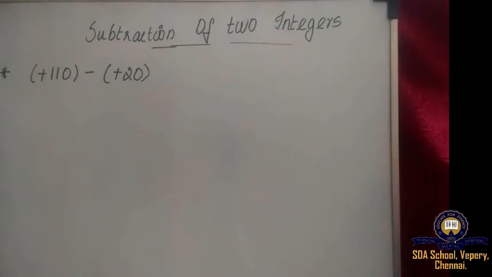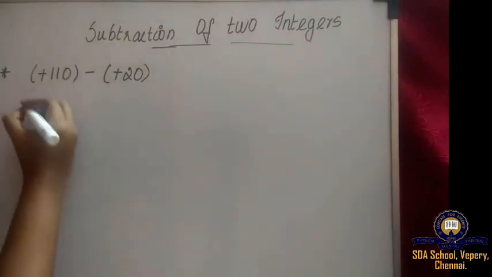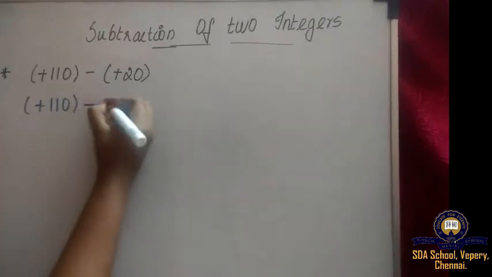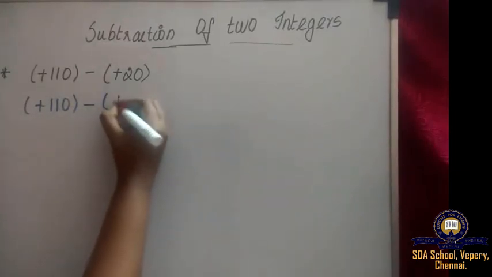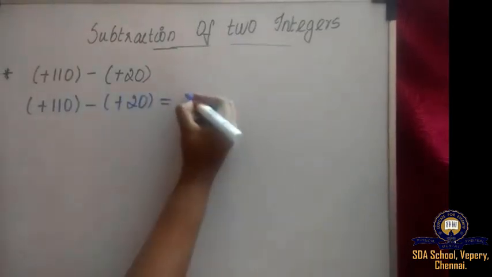Subtraction of two integers. So the first problem is plus 110 minus of plus 20. So first step, you have to convert the subtraction problem to an addition problem. So for that you have to keep the first integer as such.